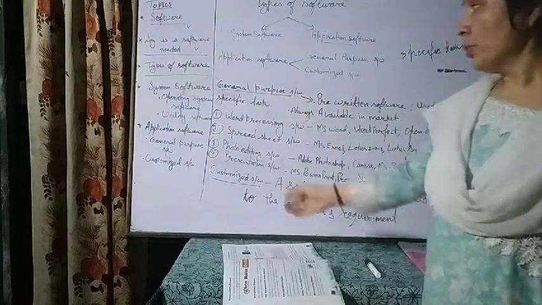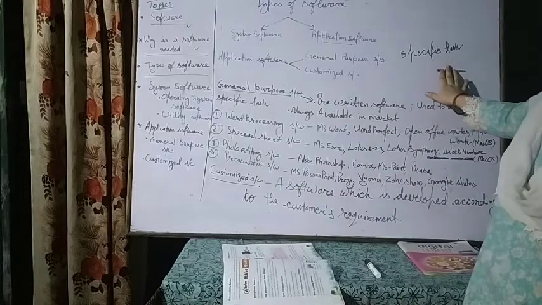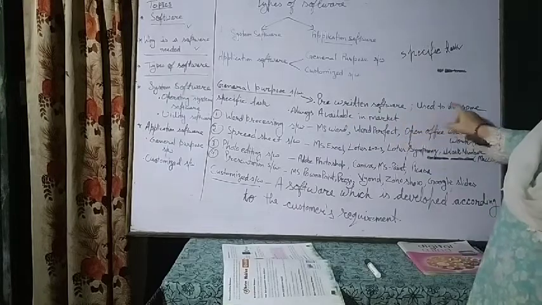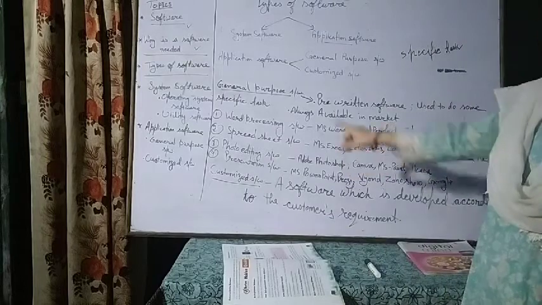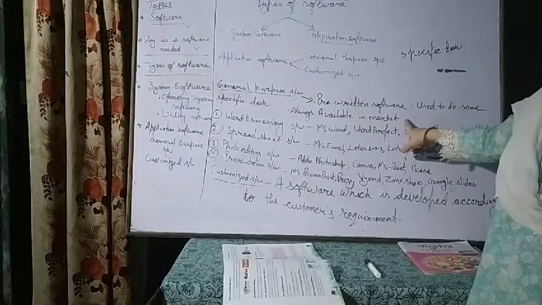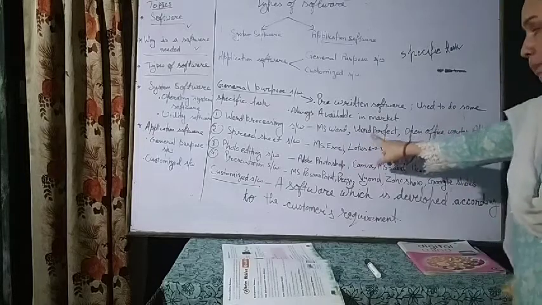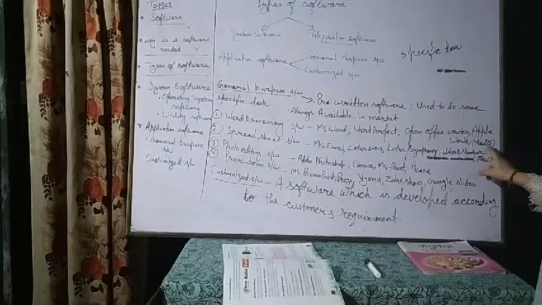Then application software we discussed. General purpose software is created to do a specific type of work. These are pre-written software used to do some specific task on the computer, and they are available in the market. For word processing, examples I wrote: MS Word, WordPerfect, OpenOffice Writer, then Apple Pages of the Macintosh operating system.